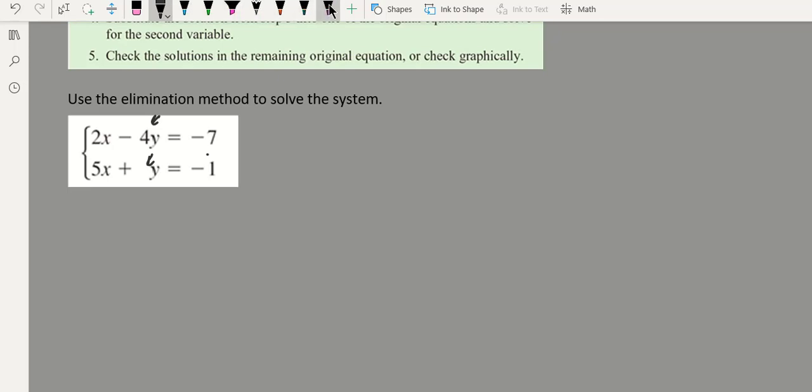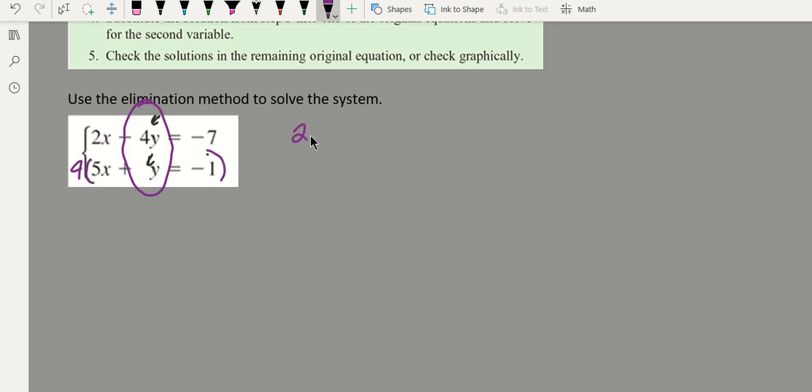Now that we see I want to eliminate y, we need to find our least common multiple, which is 4. So whatever times 1 gives me 4, we'll multiply this whole equation by 4.